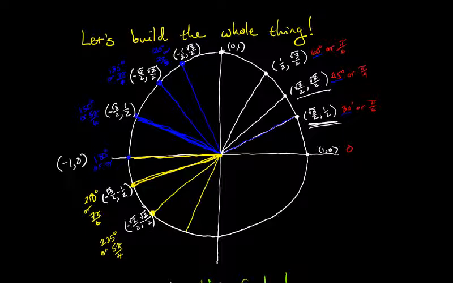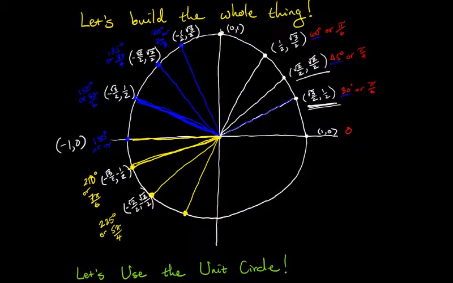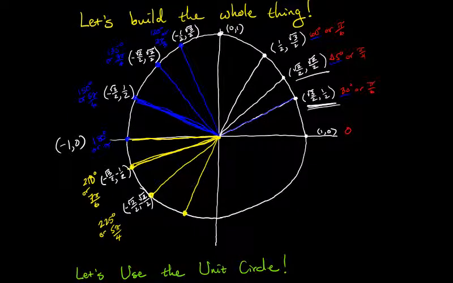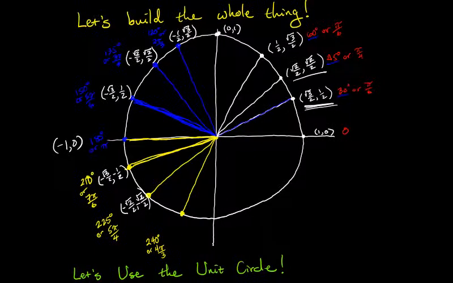And then the last one, that reference angle is 60, and so you would have that being 240 degrees or 4 pi thirds. And then that point would just be the 60 degree point, but both negative. So negative 1/2, comma, negative rad 3 over 2.